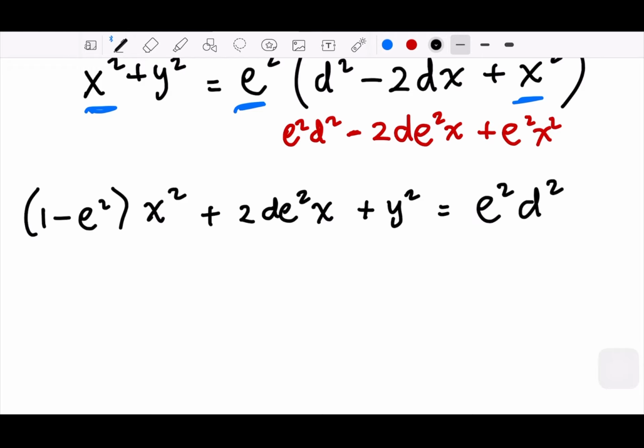If you feel confused, you can put your hand, cover all the things here, and you can just see x and y. The other is just a constant, right? So first we can complete the standard form for the quadratic equation for x squared, right? Or if you want to maybe divide all by 1 minus e squared, it's much easier. Maybe divide all with 1 minus e squared if you want.